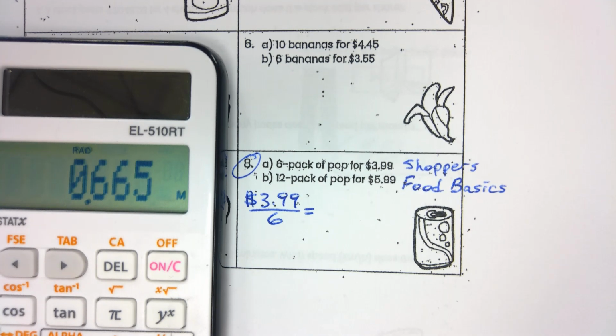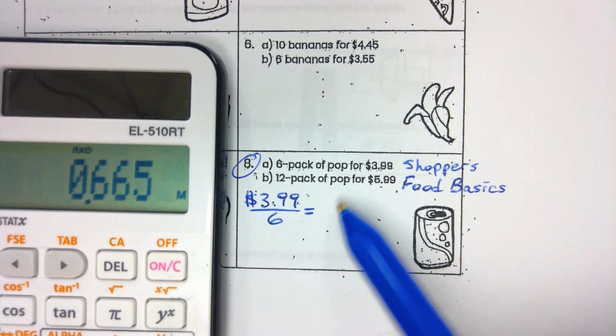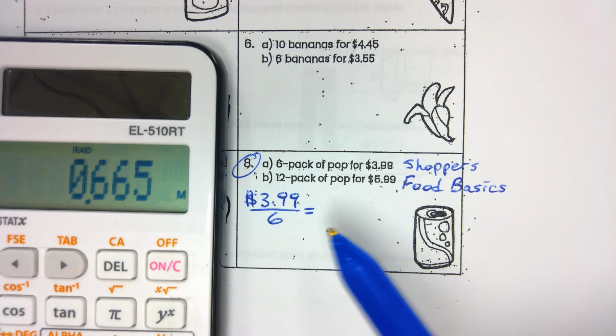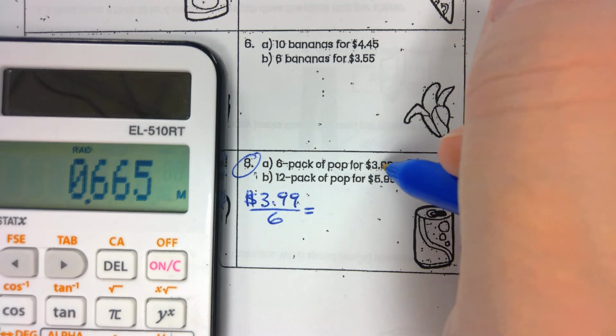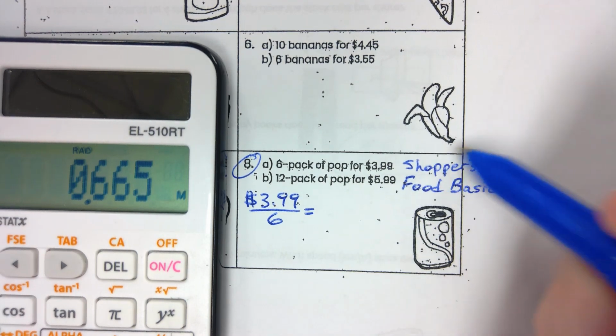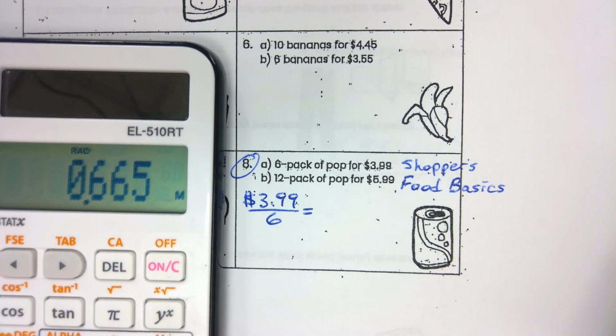It's not obvious enough. On the test, just write me a few words explaining how you got it, or you can even write this times 2, and then what it is, and then circle that Food Basics is cheaper. I just need to see some sort of reasoning.